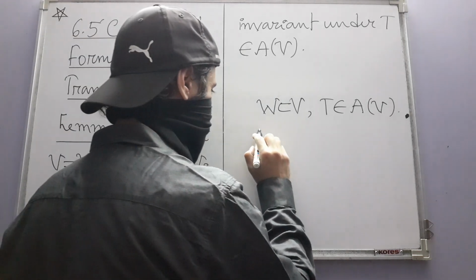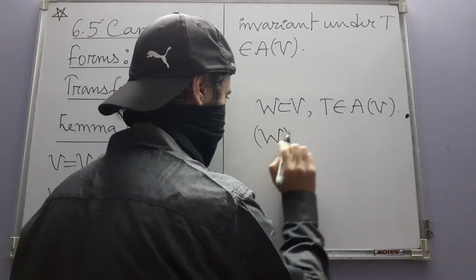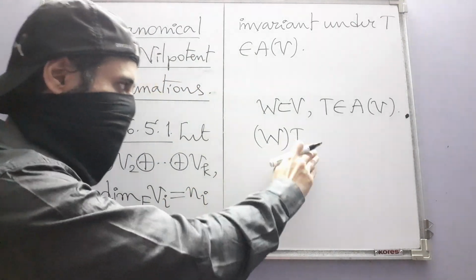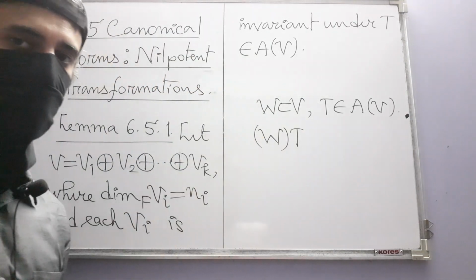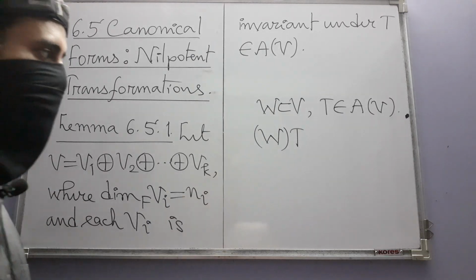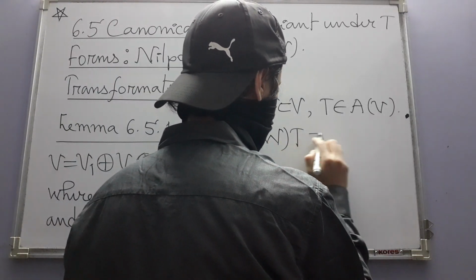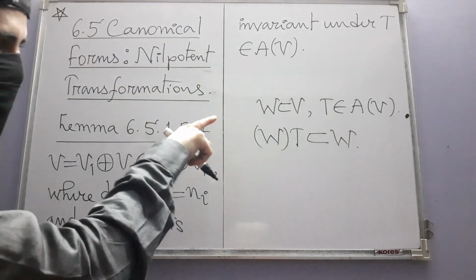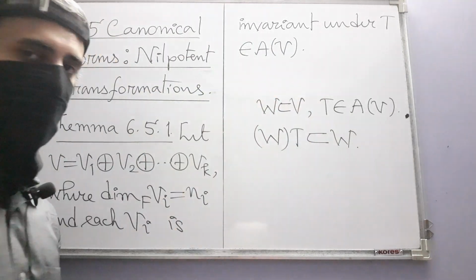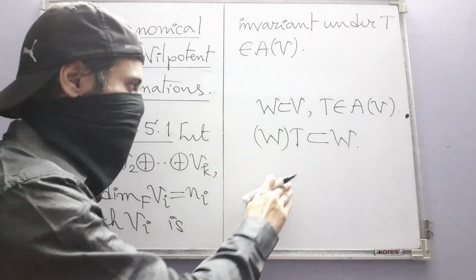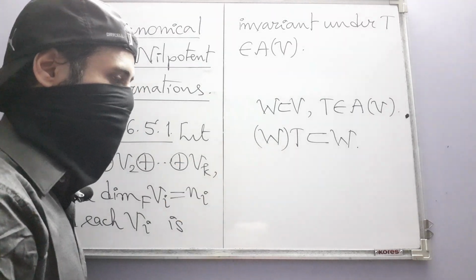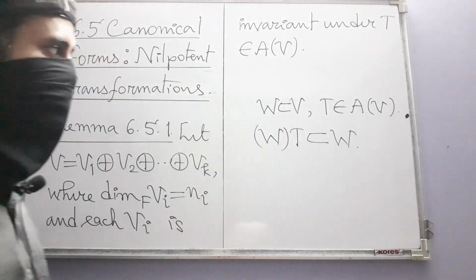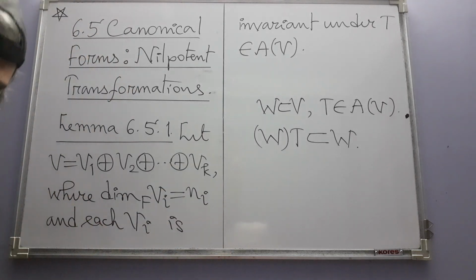It means that the image of W under T, don't forget that we are consistently writing mappings to the right, that's why it looks like this, is contained in W. When this happens, we say that W is invariant under T. That is, applying T on any vector of W does not get you outside of W, it keeps you inside of W. Fine, we already know this.